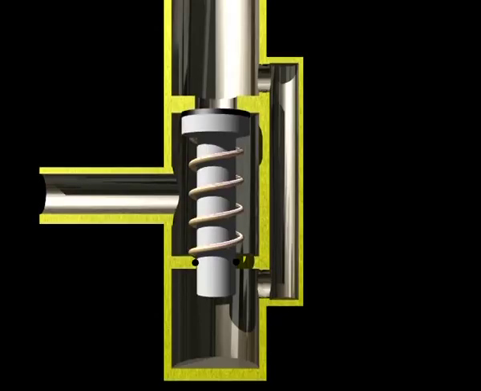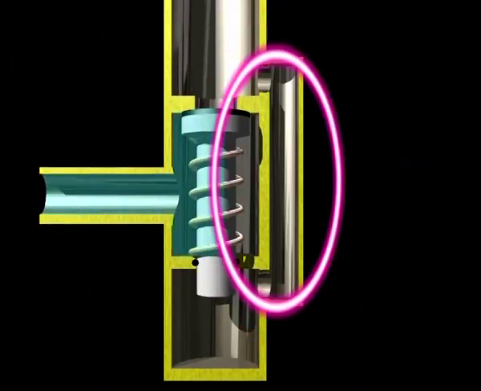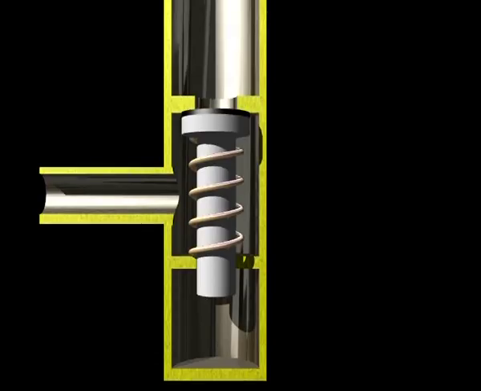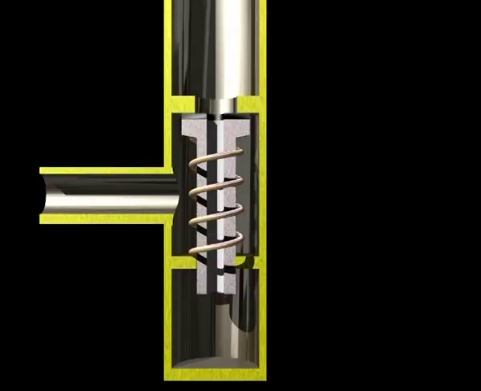There are two ways of connecting the balance chamber: using an external or an internal feed line, which is usually the method used in regulators.